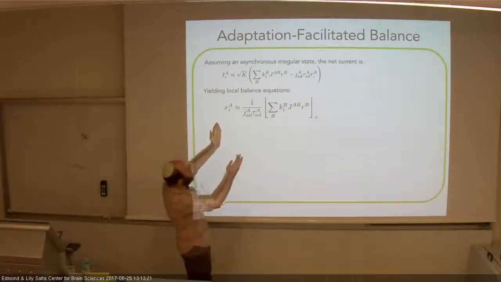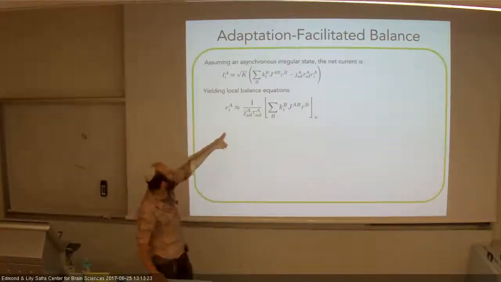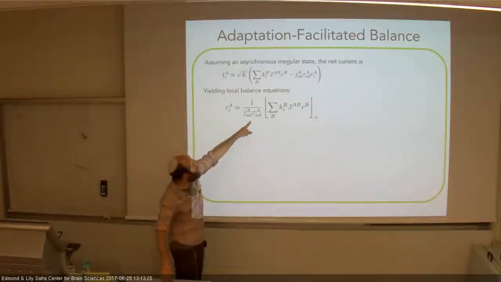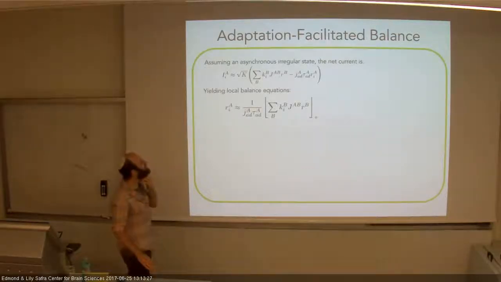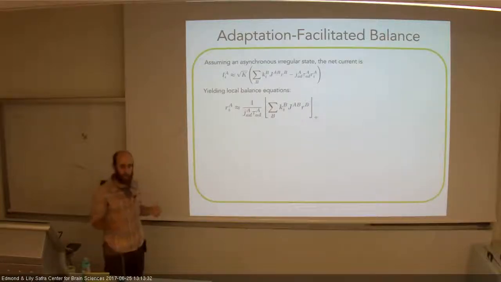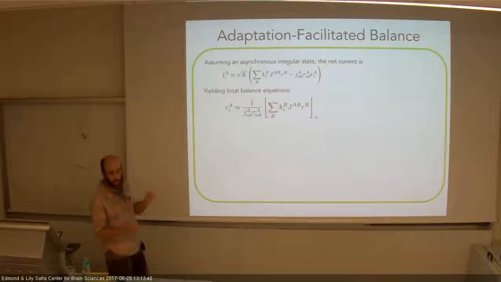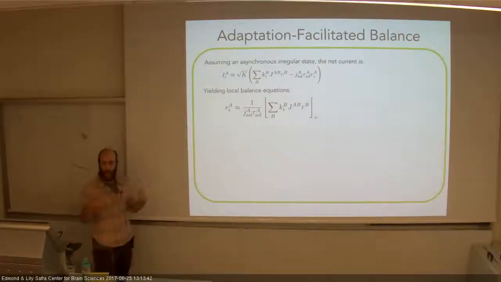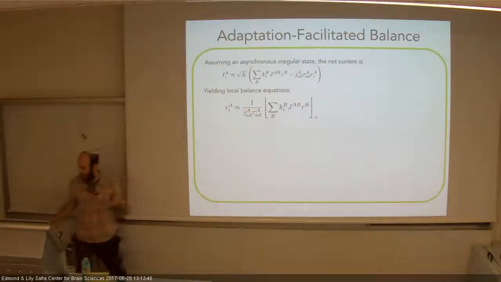Setting the parentheses equal to 0, and then dividing by J_adaptation tau gives us this equation, which gives us the necessary firing rate for each cell. Each cell that has net positive drive will have to balance its own net drive from the network by matching its firing rate to this local balance equation.